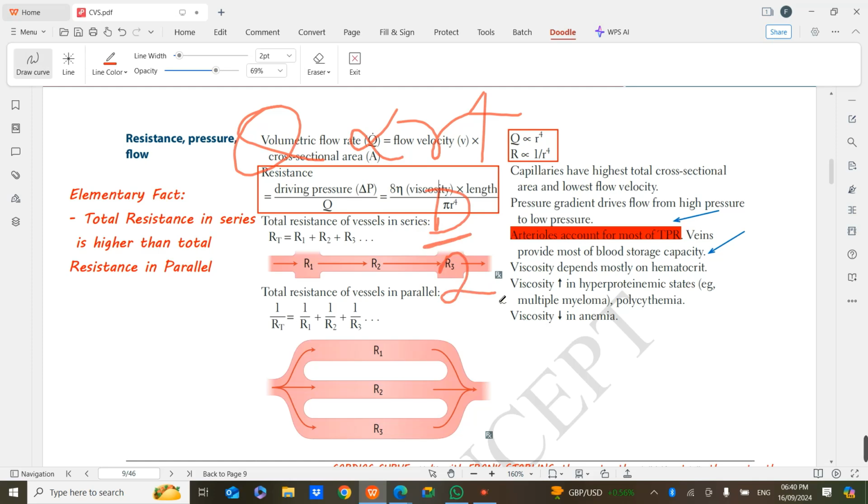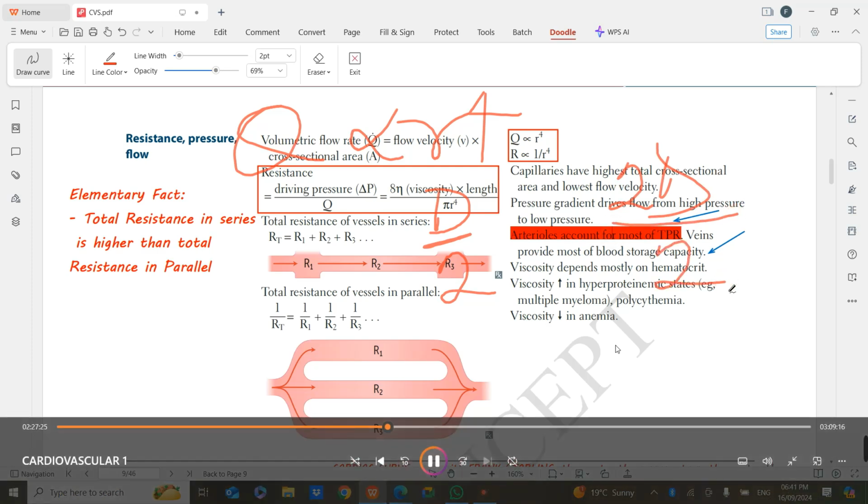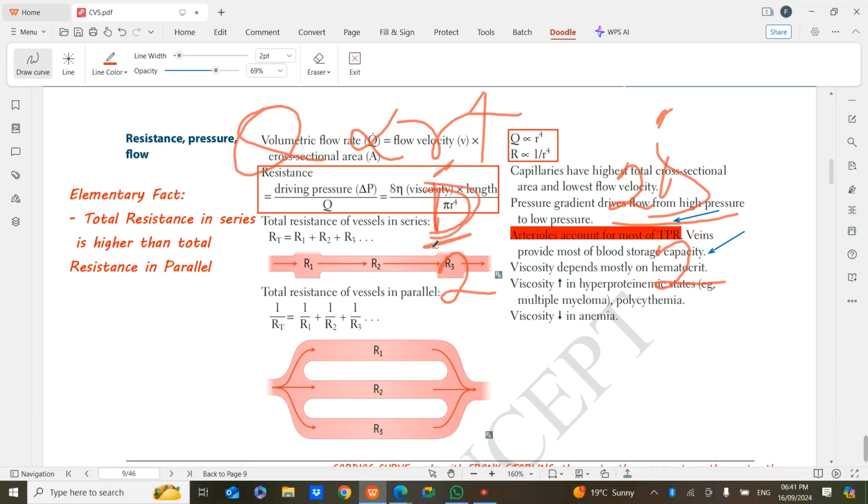So the question now says that the diameter is double. So the diameter we have in the next one is 2D. If it's double, the radius here is going to be 2D divided by 2. So that's the second scenario here. First one, my radius here is D divided by 2.